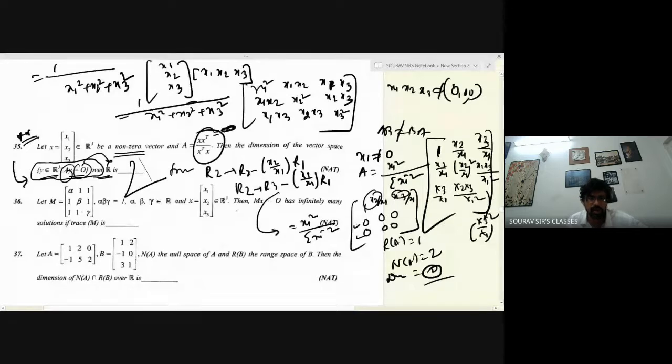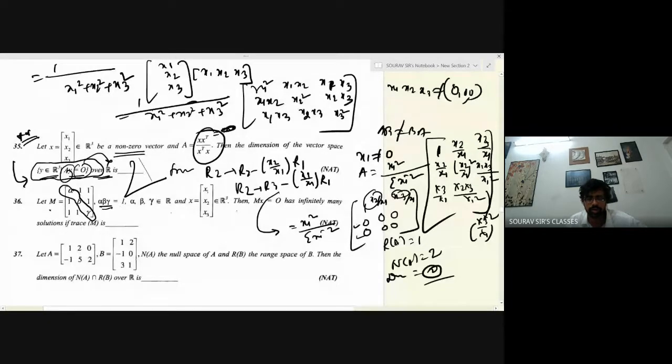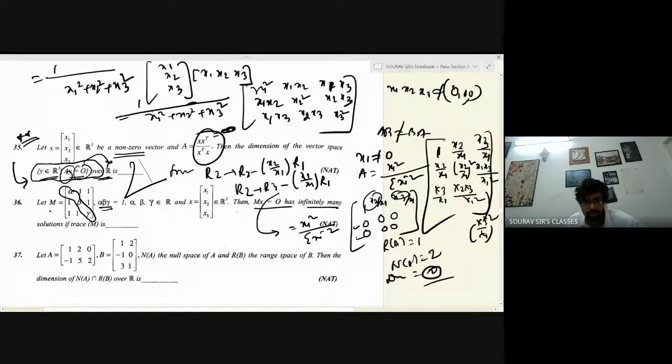Here also, M has alpha, beta, gamma in it, where the determinant equals 1 in this case, they want to say. And x1, x2, x3, with Mx equal to 0, has infinitely many solutions; find the trace of M. That's the last question I'm going to do today. So Mx equal to 0 with infinitely many solutions, so let's put mod M equal to 0.